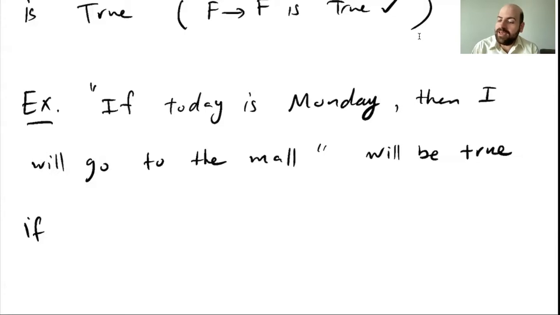So only in one case will this be false. In what case will the compound statement above be false? If today is Monday, so if P is true, and I do not go to the mall.